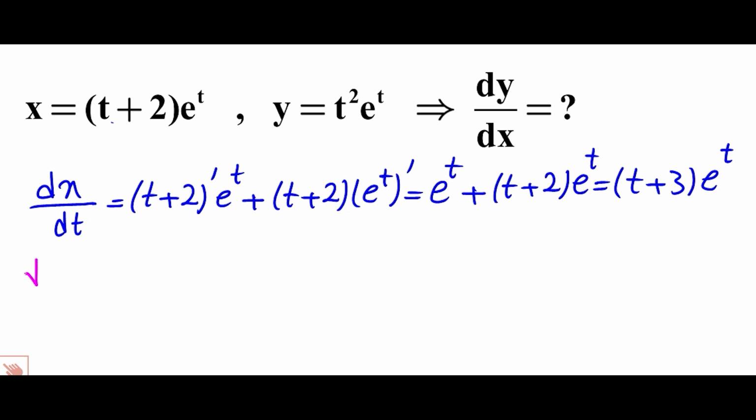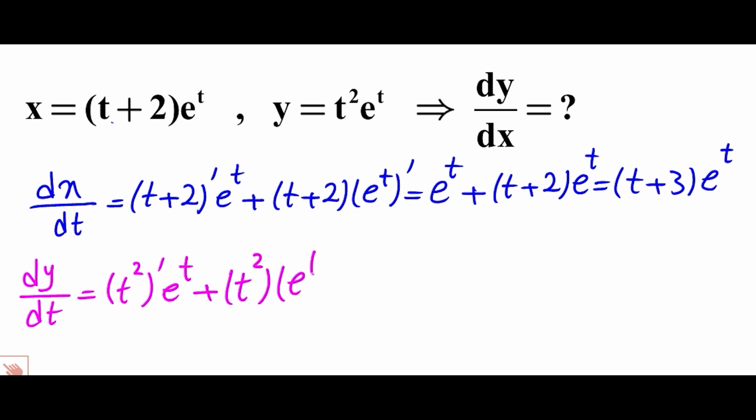Now dy/dt. We use the product rule, which means (t squared)' times e to the t plus t squared times (e to the t)'.